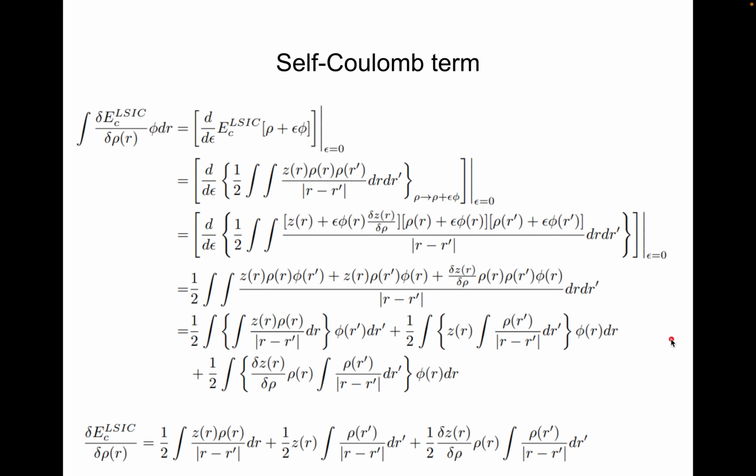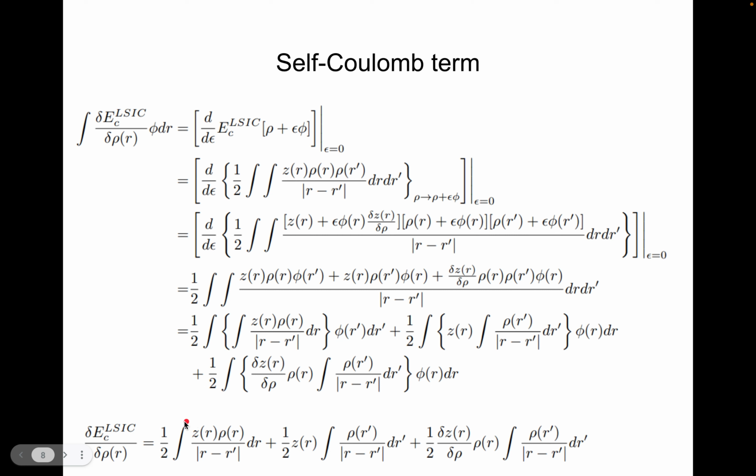Now moving on to the self-Coulomb term. You can follow the same mathematical procedure for the LSIC self-Coulomb term. And if you work the math down, eventually you get an expression like this. So in the case of the self-Coulomb term, you obtain three terms. The first term looks like the Coulomb potential, except that in this case, the scaling factor is sitting inside of the integral.